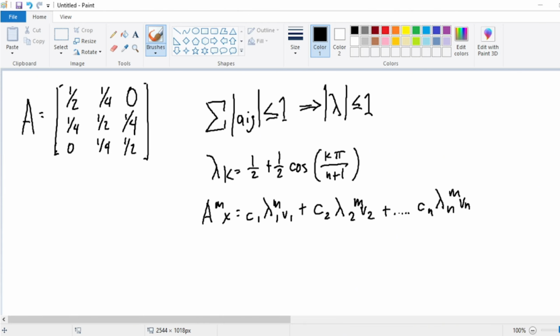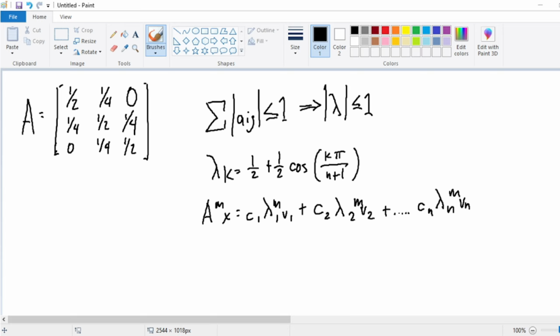So noise is represented by the high frequency components, which have the smallest eigenvalues. Because these eigenvalues are raised to the power of m, they shrink towards zero very quickly. This proves that repeated application filters out the noise while keeping the smoother parts of the image longer.